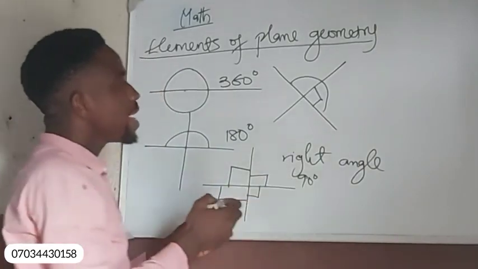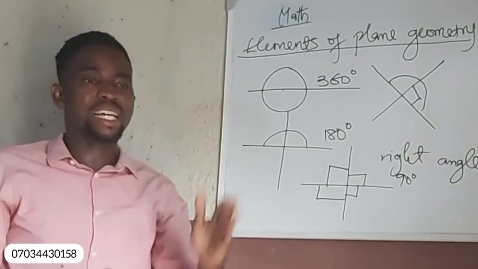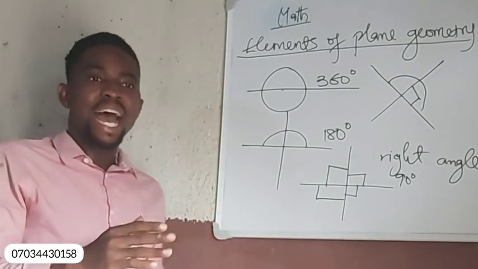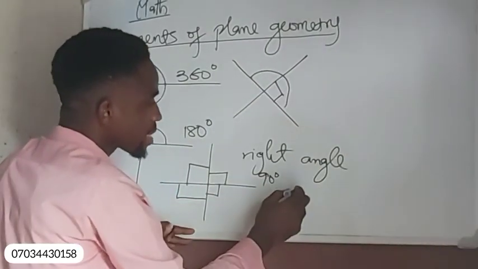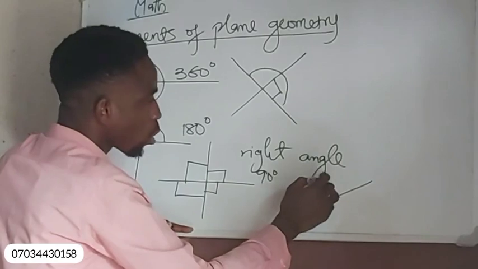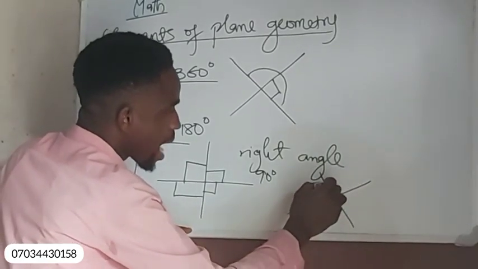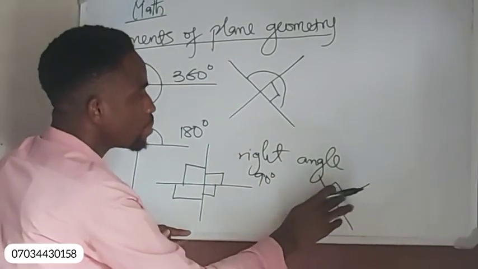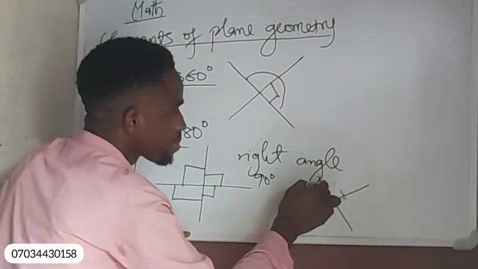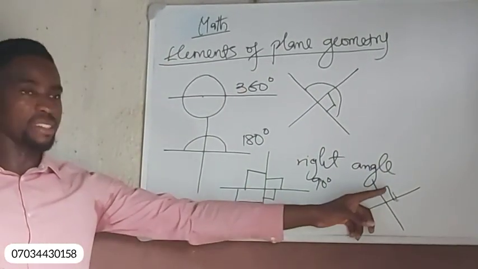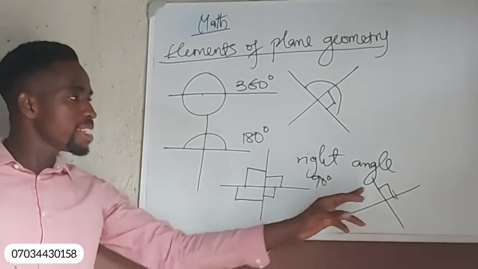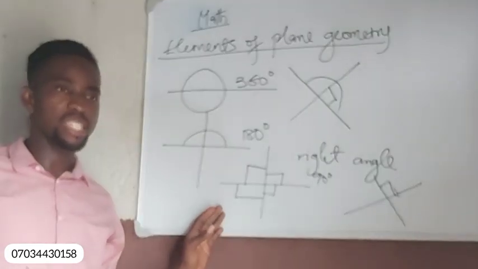So even if the straight lines are not vertical and horizontal, even if they are inclined lines, but the angle between them is 90 degrees, that angle is called a right angle and is represented by a symbol of sharp lines, angle 90 degrees. So anywhere you see this symbol, you already know that it's angle 90 degrees.